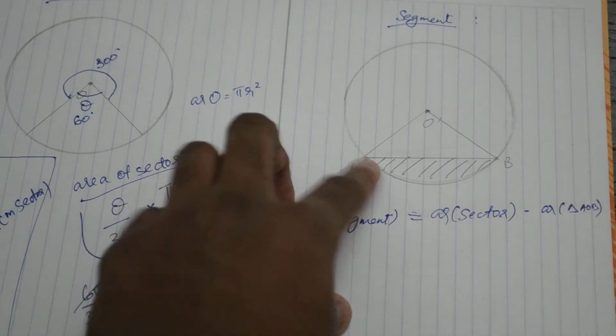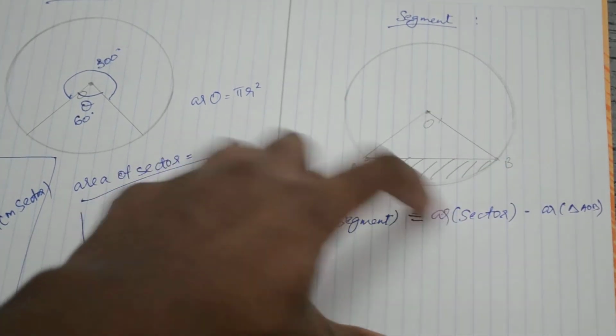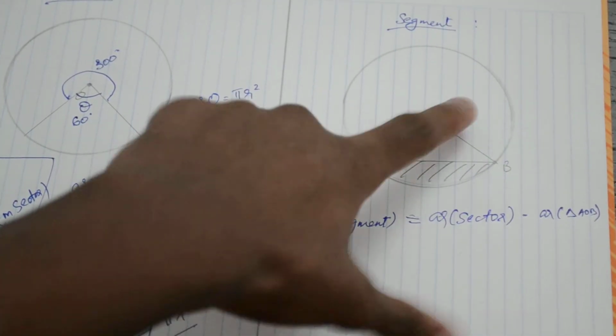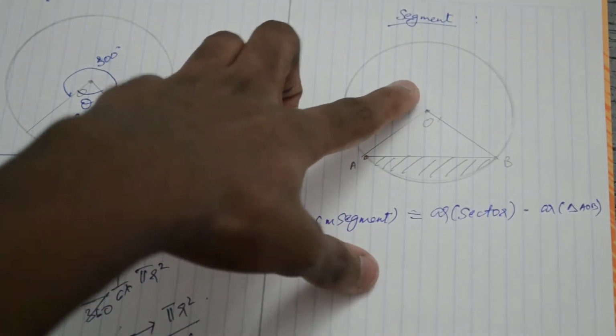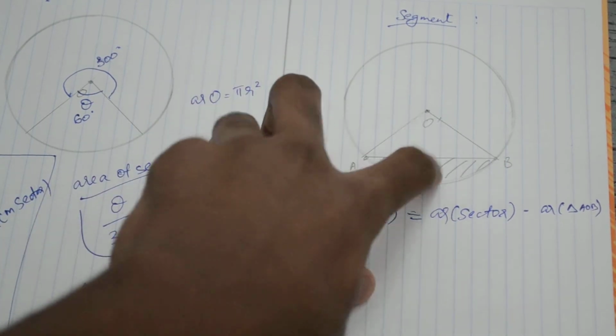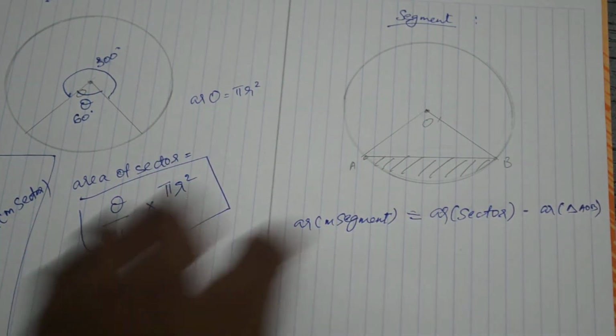We're basically saying that this segment's area is equal to this sector minus this triangle, and it makes sense. The sector has the segment and the triangle, so by removing the triangle, you'll be left with the segment. That's how you find it.